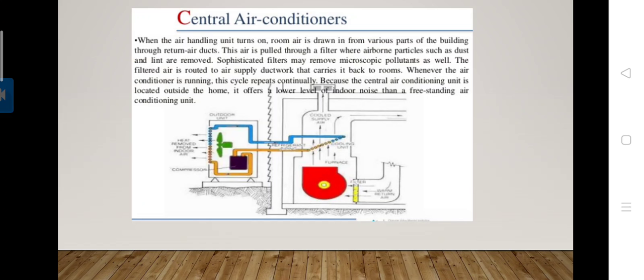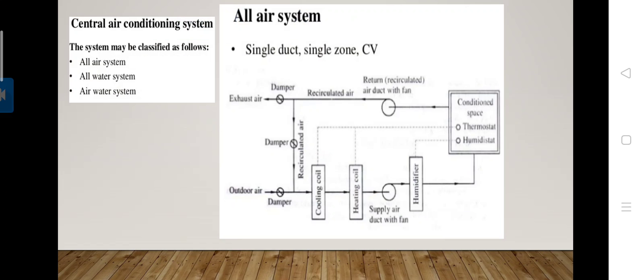The pump circulates the chilled water or brine between the chiller and cooling coils. In this figure we can also see the central air conditioning system having compressor motor, chiller, condenser, chiller pump, air handling unit and condenser pump. We can see these one by one.